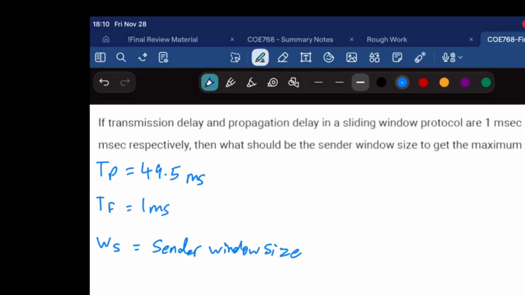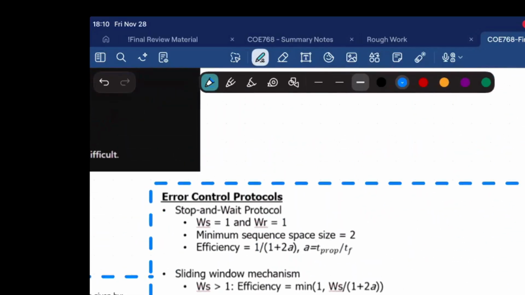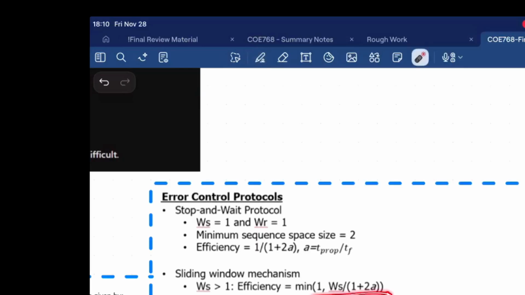From here, if we go back to the formulas, since we know that we're working with the sliding window mechanism, we have this formula here: the efficiency is the minimum between 1 and the ratio WS over 1 plus 2A.